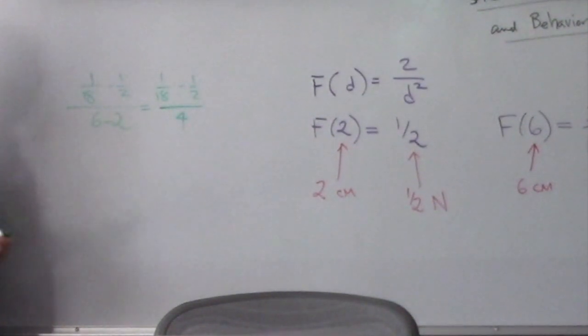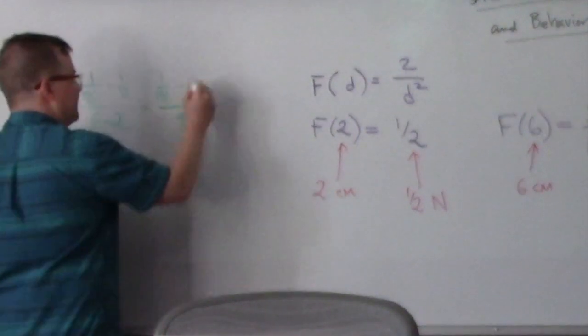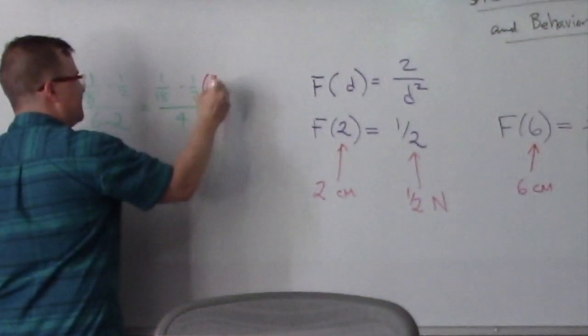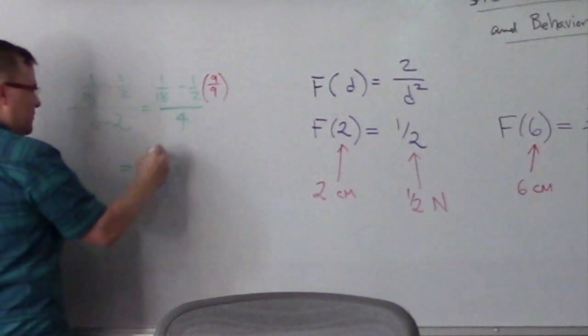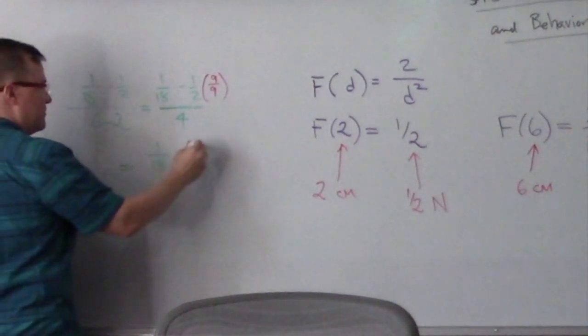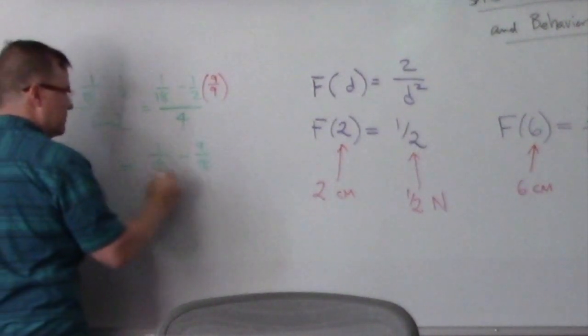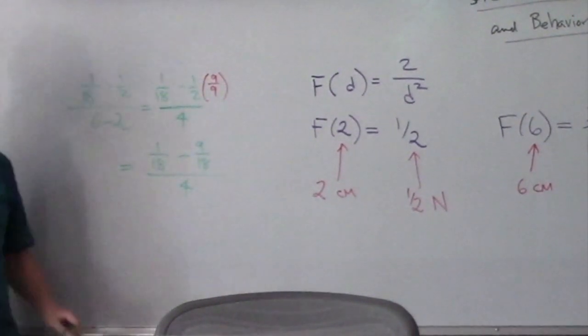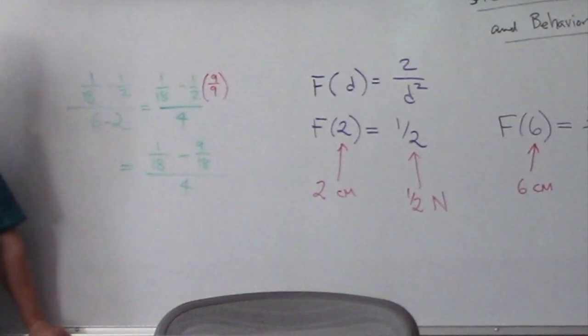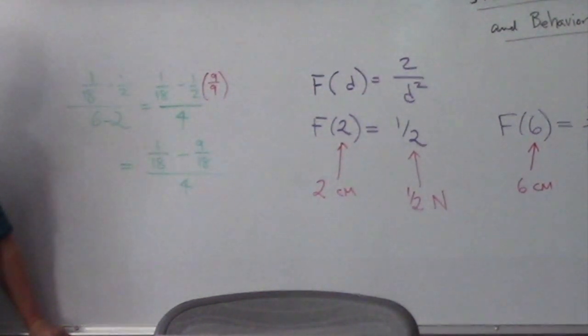How do you do that? Times 9, the numerator and the denominator. Yeah. 9 over 18. Once you have a common denominator, how do you finish it off? You're going to subtract. Yeah, but just subtract the numerators. Don't subtract the denominators. That would be a mistake.